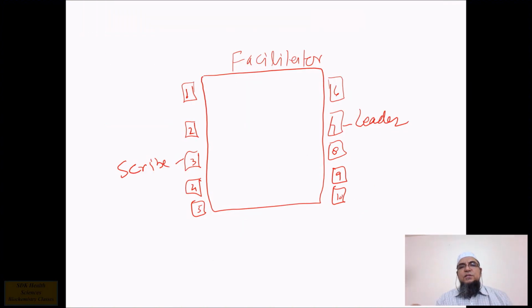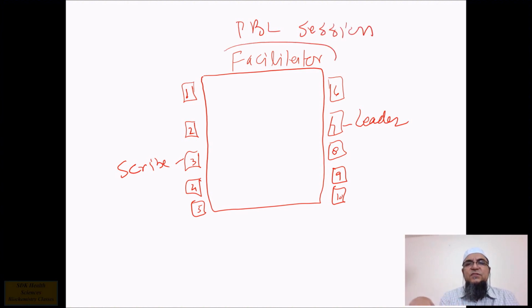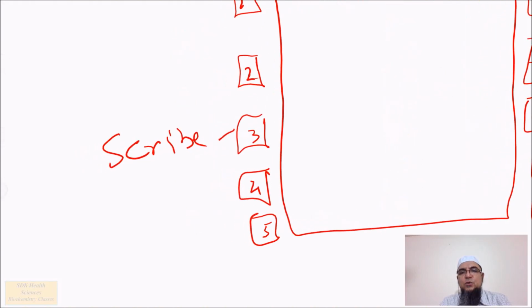So this is the chart of the PBL session. There is a facilitator or tutor who is a guide, and these are the students. We have different arrangements. Sometimes the arrangement is circular, sometimes the arrangement is square.